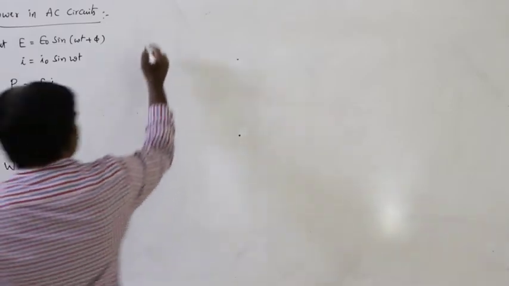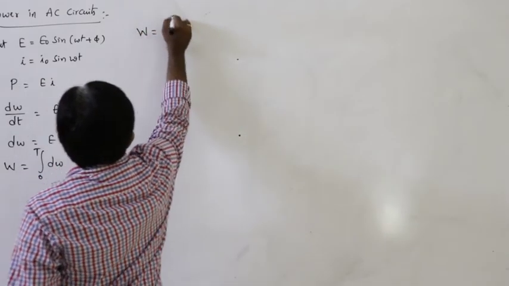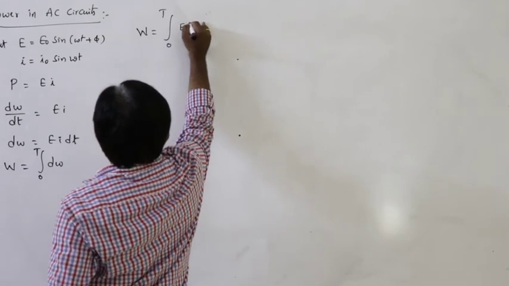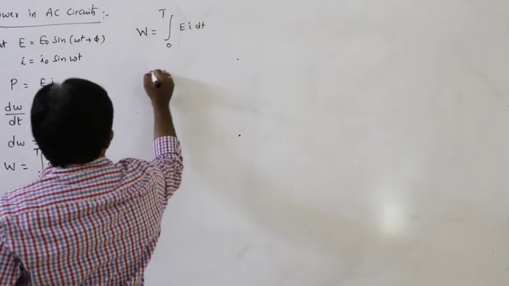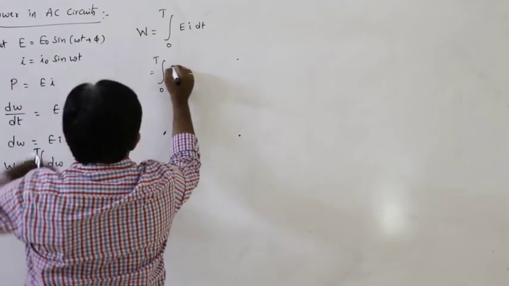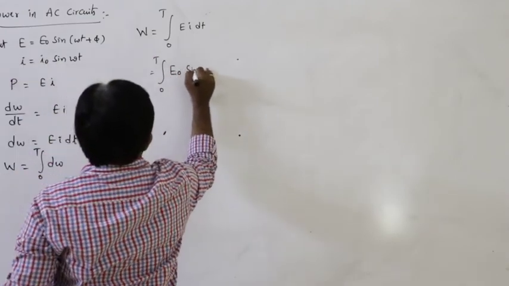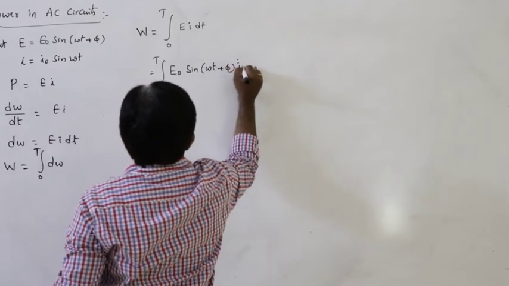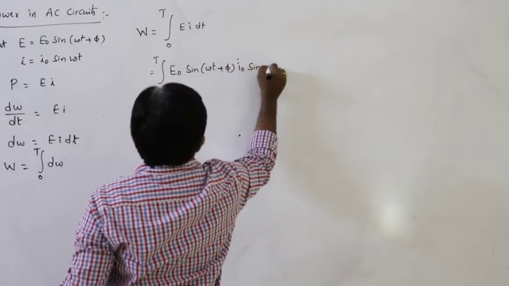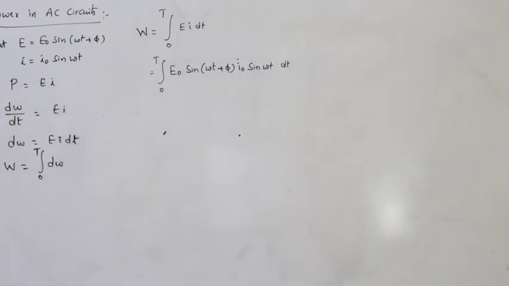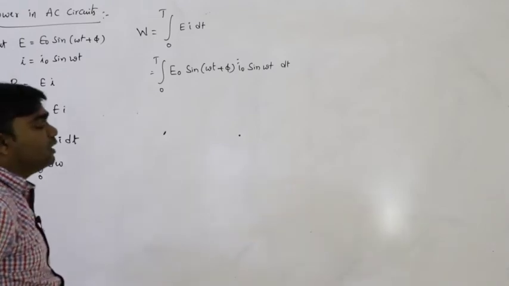So work done is equal to the integral of 0 to T of EI dt, where E is E naught sine of omega t plus phi, and I is I naught sine omega t, dt.